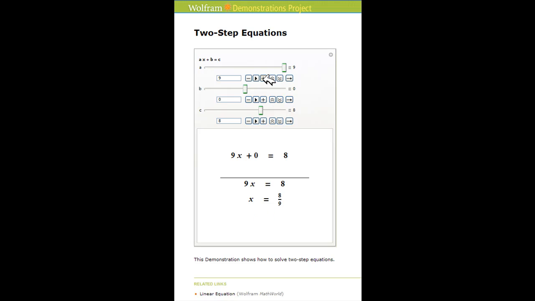Let's do a negative. So if you had negative 7x plus 0 equals 8, you're going to divide both sides by negative 7. You get negative 8/7.